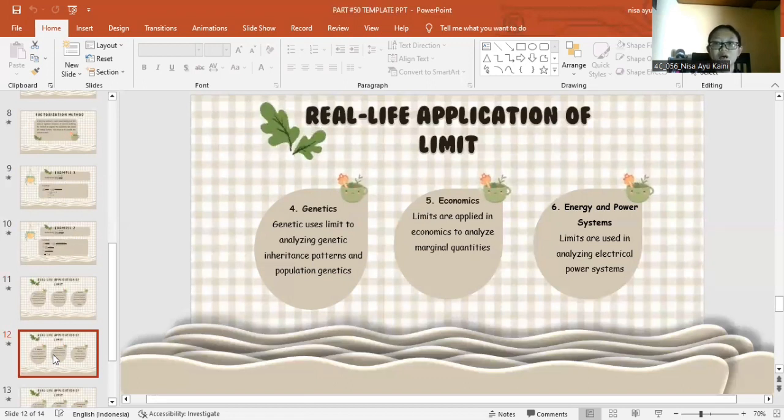Okay, number 6, energy and power systems. Limits are used in analyzing electrical power systems to determine maximum power transfer, voltage stability limits, and fault current calculations.